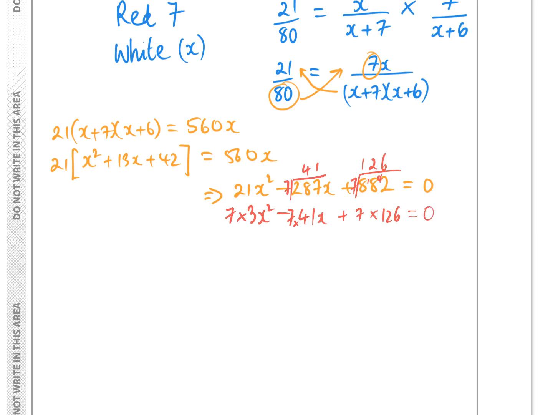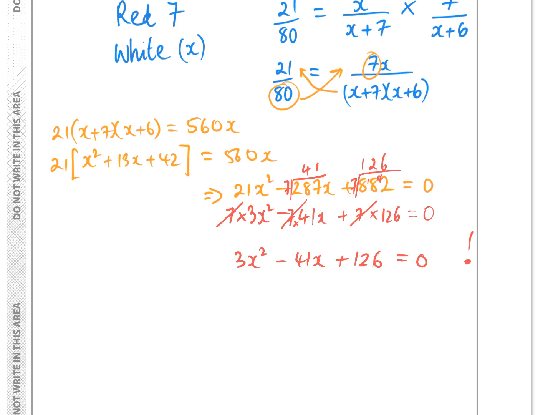So if you divided everything by 7 both sides, you'd have 3x squared minus 41x plus 126. So the best advice I can give you here is, when you've got really large numbers, just try dividing by simple things like 3 or 7, just small numbers, and you might just hit lucky and be able to cancel it down a little bit.